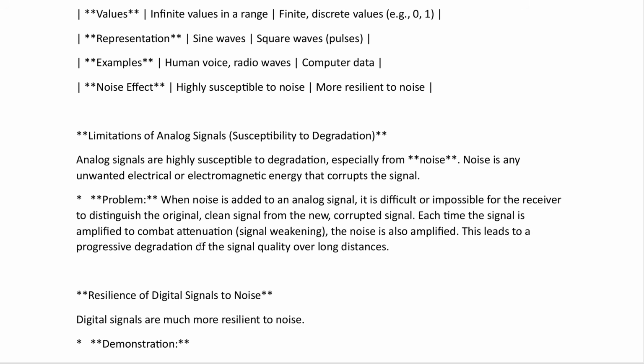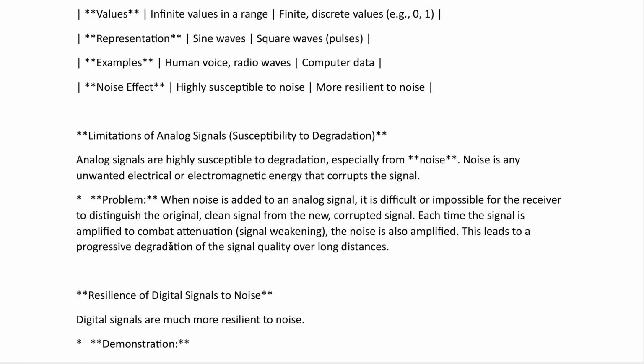There are some limitations of analog signals. So the first limitation of analog signals is susceptibility to degradation. Analog signals are highly susceptible to degradation, especially from noise. Noise is any unwanted electrical or electromagnetic energy that corrupts the signal. So now the problem is, when noise is added to an analog signal, it is difficult or impossible for the receiver to distinguish the original clean signal from the new corrupted signal.